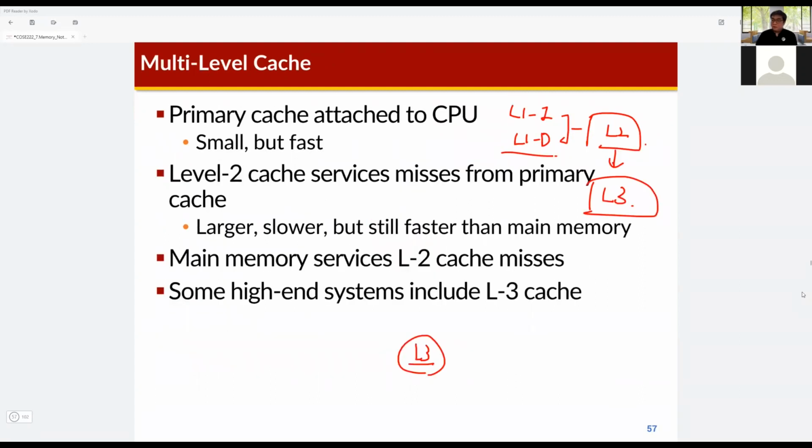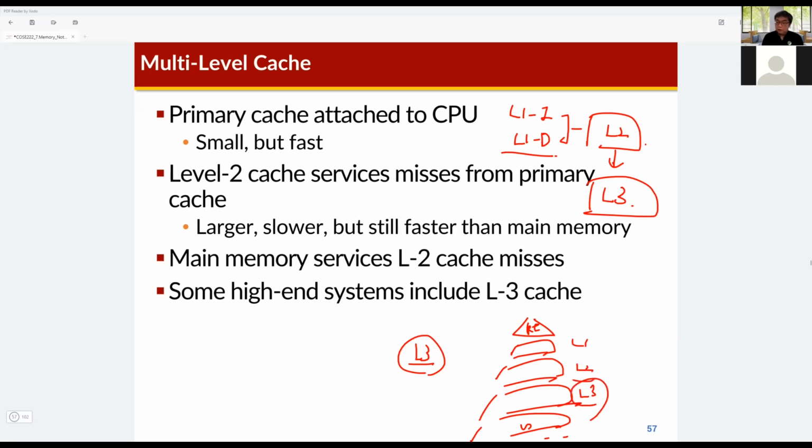And then multi-level cache. When I first introduced the memory hierarchy, it looked like register file, then multiple levels of cache, then DRAM and storage. So we can also organize the cache memory as a multi-level cache hierarchy: L1, L2, L3. Why?